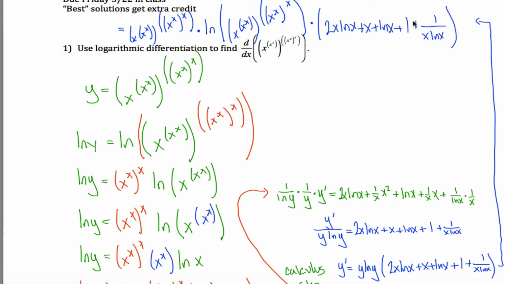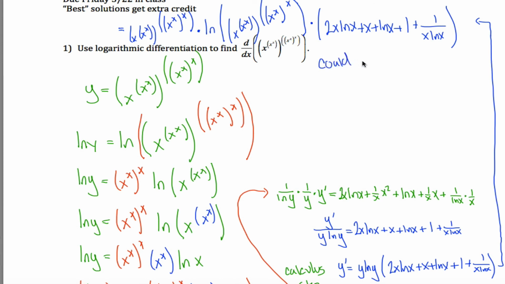Wow. If you felt like it, and frankly I don't, you could apply a log rule right here. This is the natural log of this stuff raised up to this power. Just like down here, this thing in blue is the exact same as this thing in red and green. And this thing in red and green I rewrote like this. So if you felt like it, you could do all sorts of simplifications to this.